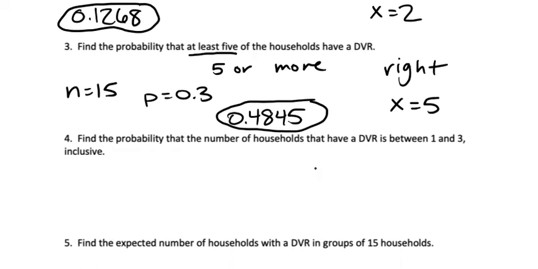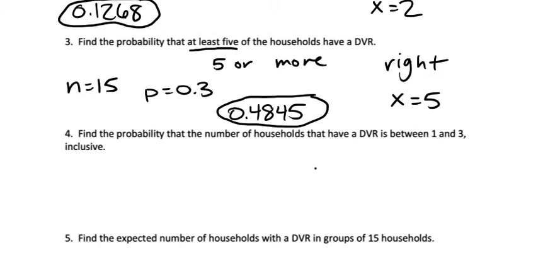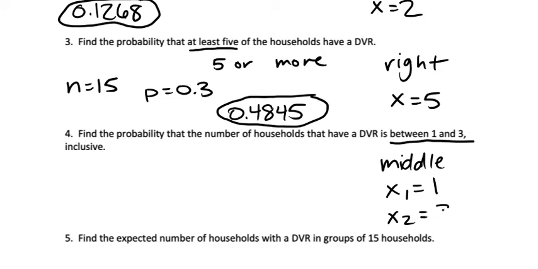And number 4 says to find the probability that the number of households that have a DVR is between 1 and 3 inclusive. So between two numbers means that I'm doing middle, and I would set my x1 value to be 1 and my x2 value to be 3. So those are the two numbers that I'm looking for in between.